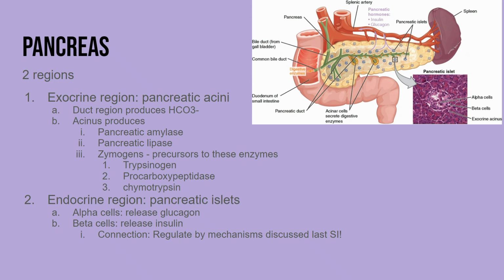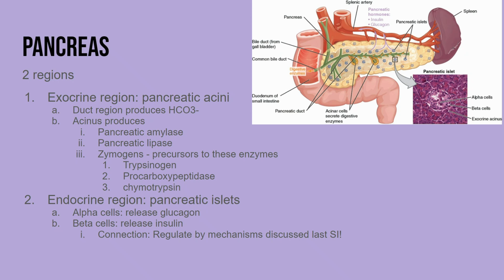Or the duct region produces the bicarbonate, and then the acinus produces pancreatic amylase, pancreatic lipase, and then zymogens, which are precursors to those two enzymes. And then relating this back to the duodenum, those two enzymes get released into the duodenum and help further digest carbs and fats to simpler forms that could be absorbed into the wall of the small intestine later on in the jejunum or ileum of the small intestine.